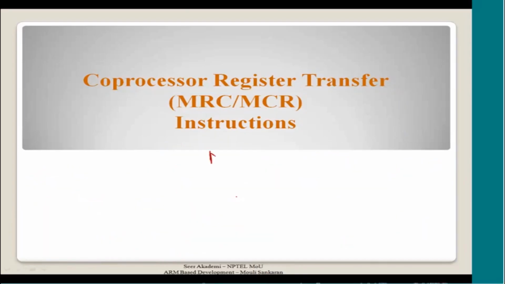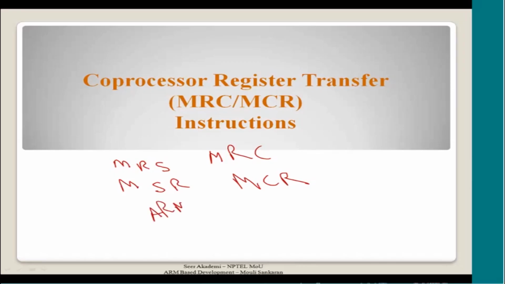There are two instructions, MRC and MCR. If you recall, there were MRS and MSR instructions earlier in ARM. Those transferred the CPSR to some register, or from a register to the CPSR, which is the flag register.